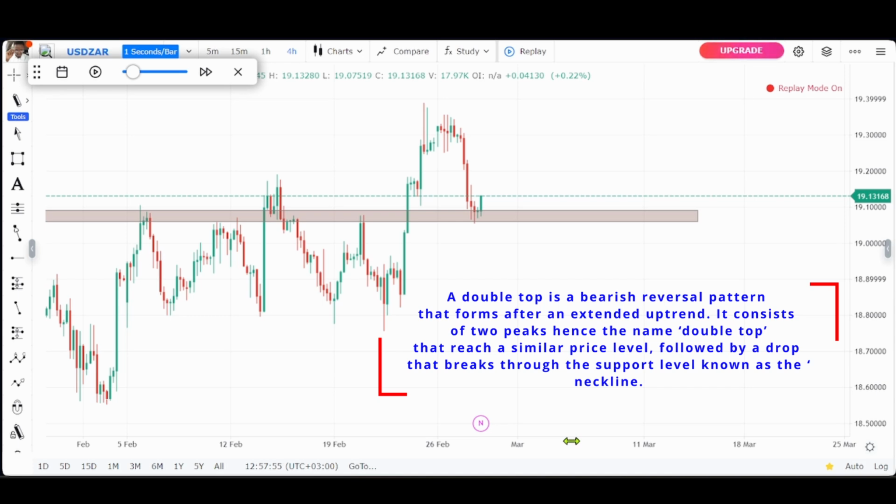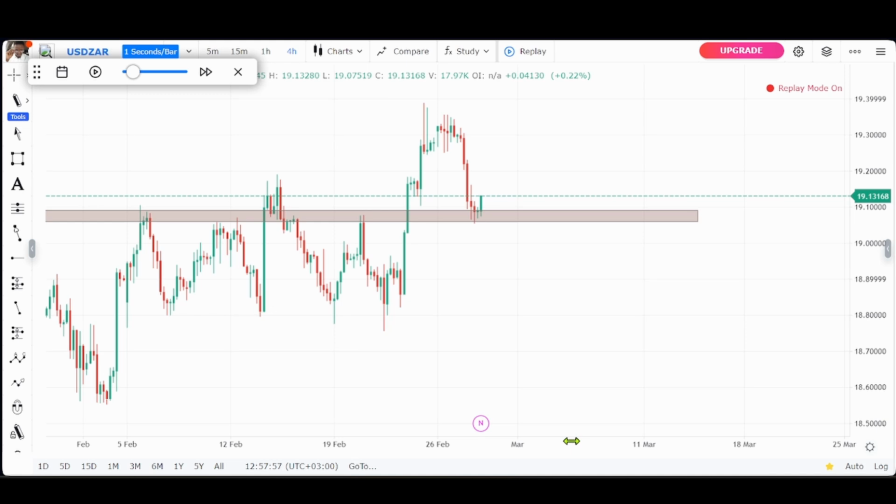It consists of two peaks, hence the name double top, that reach a similar price level followed by a drop that breaks through the support level known as the neckline, and I'll show you what I mean in a moment. Essentially, the pattern signals that buyers are losing momentum and sellers are starting to take control.